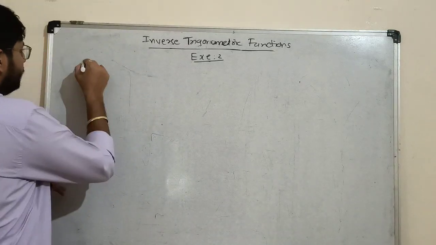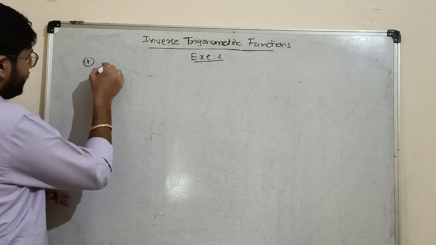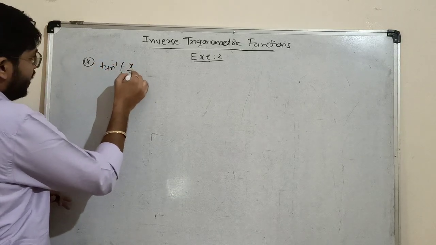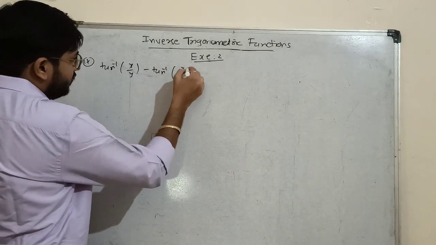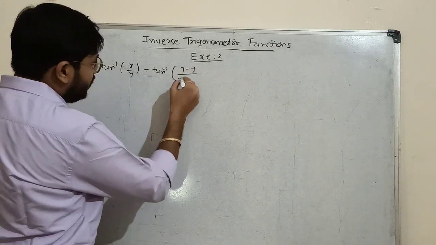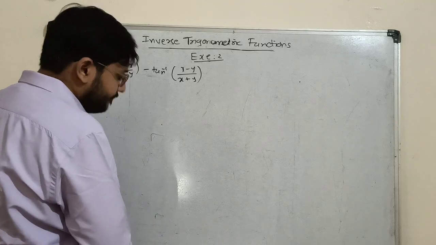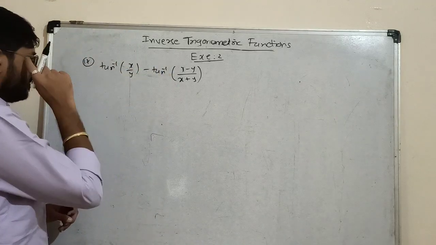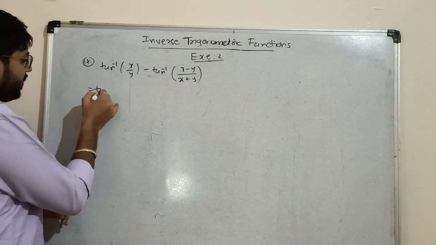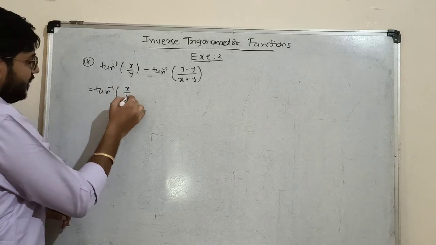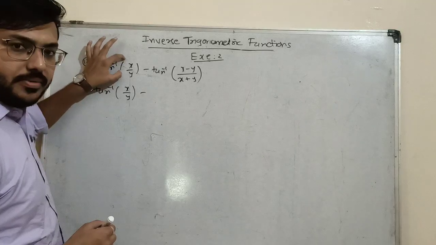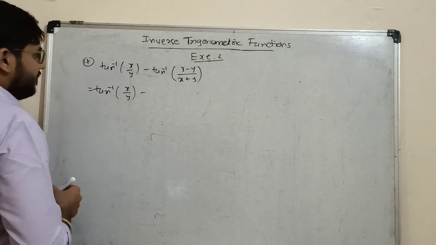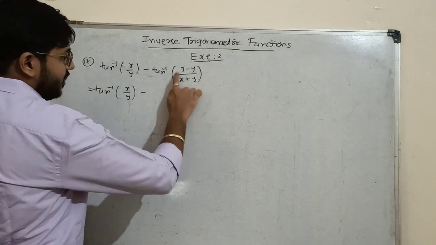number 17, we have given tan inverse (x by y) minus tan inverse ((x minus y) upon (x plus y)). We have to find the answer of this question. So let's find out what will be the answer. First I will try to obtain this x by y, and to get x by y, I have to divide this term with y.